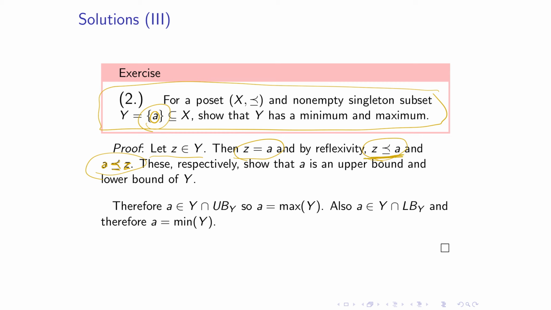So this one shows that A is an upper bound on the set y. This one shows that A is a lower bound on the set y. And A, of course, is also in y. So since A is in the set and an upper bound, it is therefore the max. And since it is in the set and a lower bound of y, it is therefore the min. And proof complete.